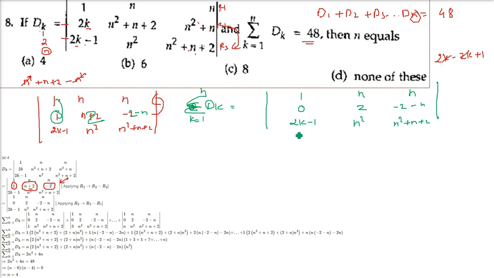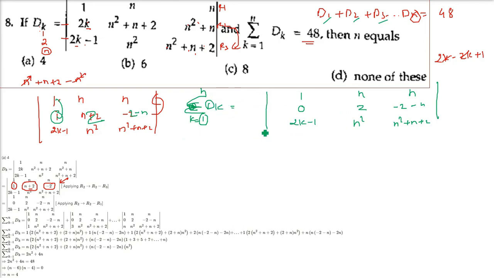That means we'll put k as 1, the whole determinant. Then we'll put k as 2, k as 3, and then we go on and on till k is n, and we add them and equate it to 48. I hope you got the idea. k is going to vary, the other values remain the same, so the expression will be in terms of n, because k is what you are actually changing.